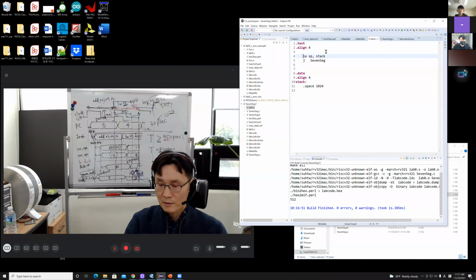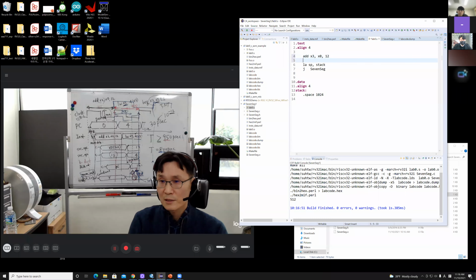Here, let me change the code, simple code first. What instruction do you want to test? Addition, okay, simple. Add X3, X0, 12. Then the next instruction, sub, X4, X3, the one you just updated.